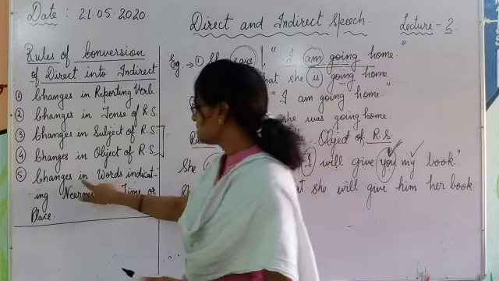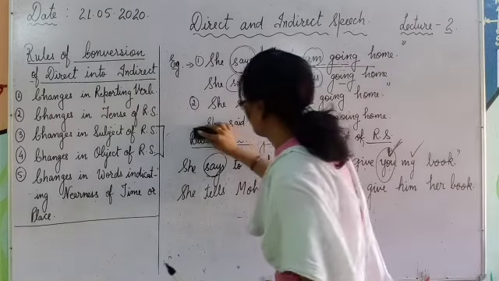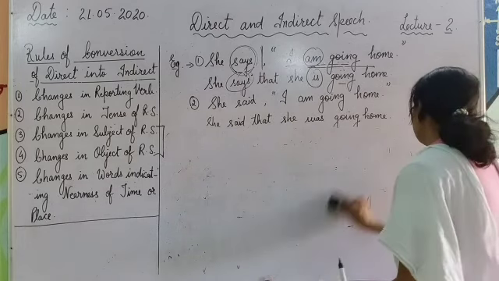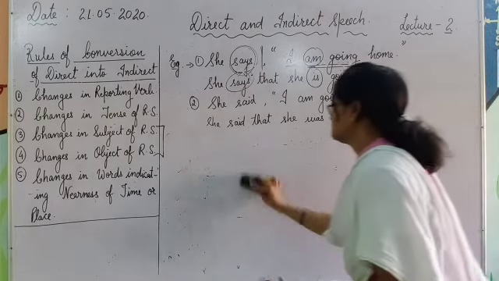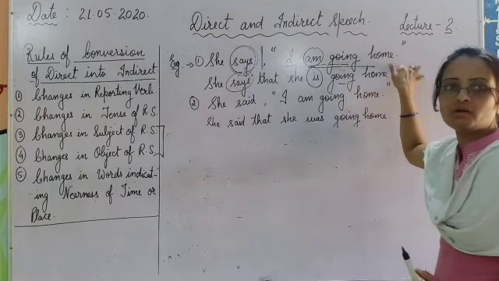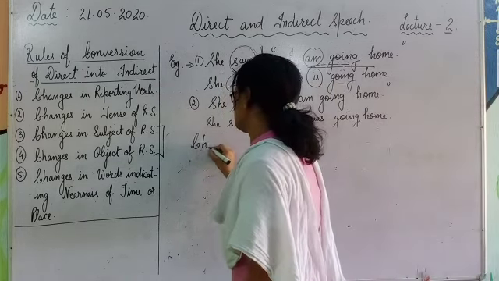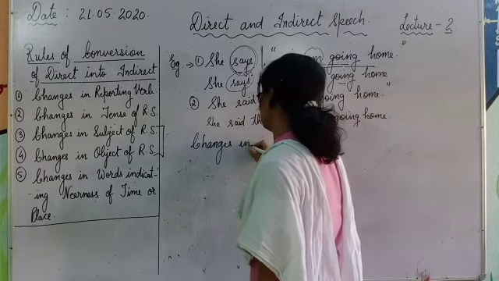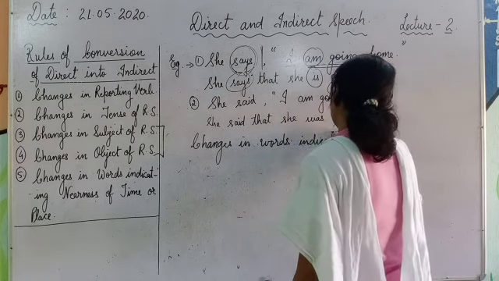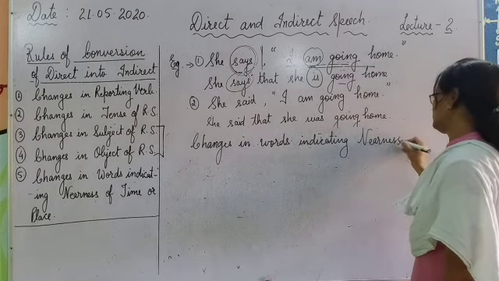Now the last one is changes in words indicating nearness of time or place. Look over here, children. Certain words are there, like she says, I go there, or I am going there. Now the last rule, changes in the words indicating nearness related to time and position.